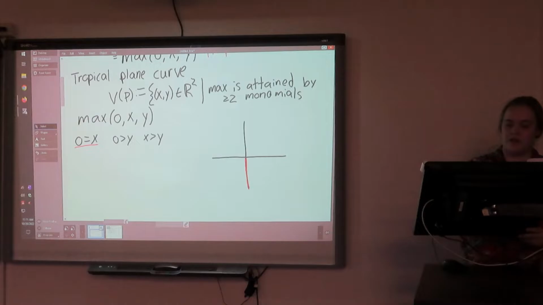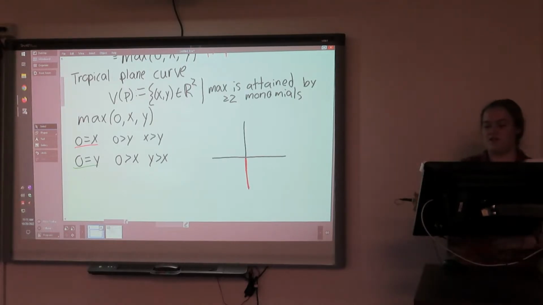I'll underline it. The next thing we have to look at is when 0 equals y is the max. That would be when 0 is greater than x and y is greater than x. Similarly, we have the line y equals 0 when x is less than 0. So that's this line. And then our last case is when the max is attained when x equals y, and that happens when x and y are both greater than 0.